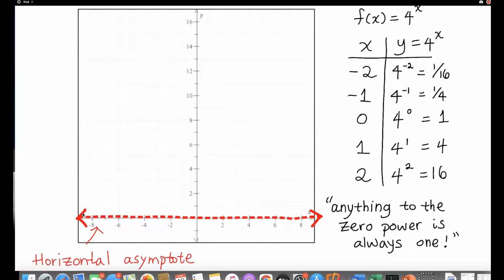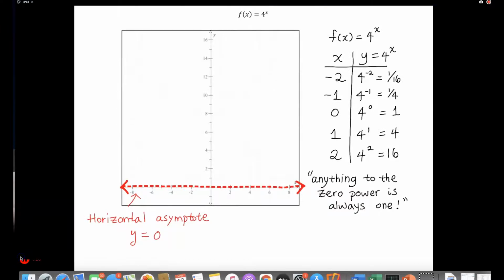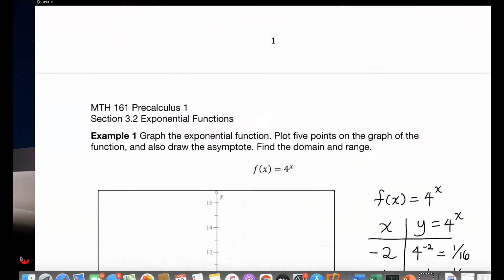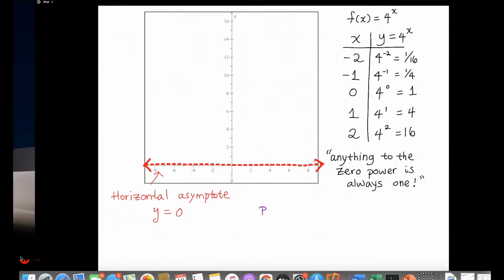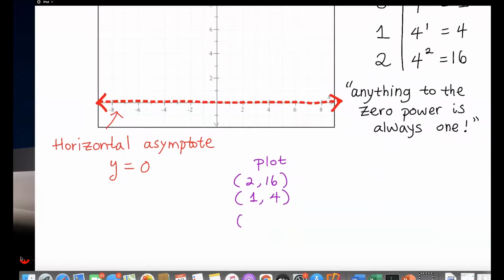So I will need to plot these 5 points. Now we're going to plot these 5 points. When you are plotting these points, some of these are very nice points, some of these are very bad. So let me do the ones that I can first. Let me write down what I'm plotting: 2, 16; 1, 4; 0, 1.